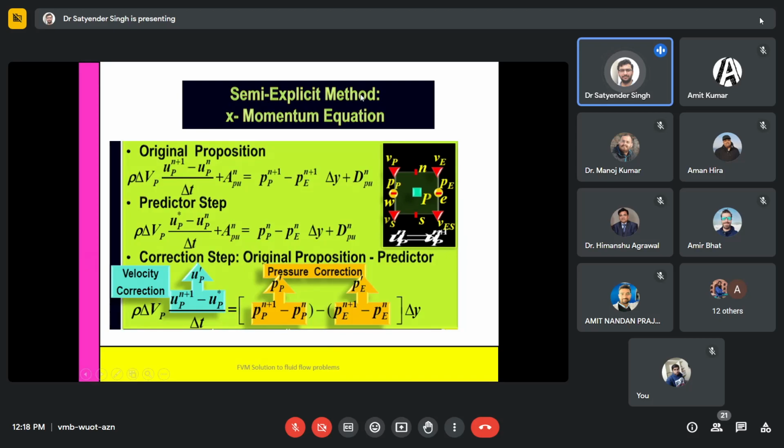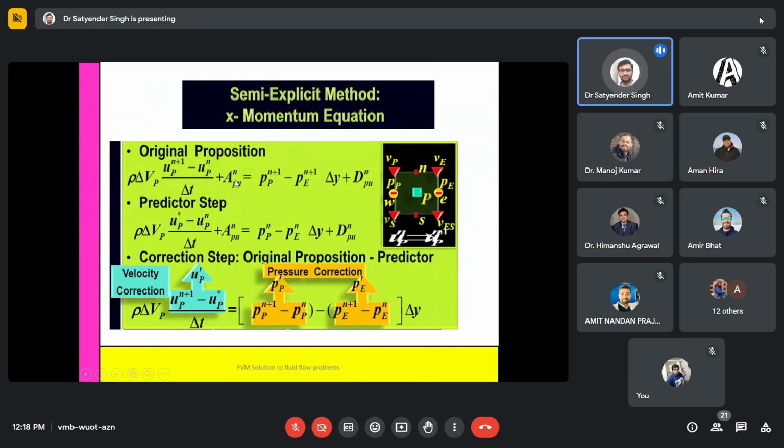So we have come up with the semi-explicit method, where I'm writing you the original proposition, where this is the unsteady term. I think now you will be well aware of it in this form. This is advection, this is the source term, and this is the diffusion term.